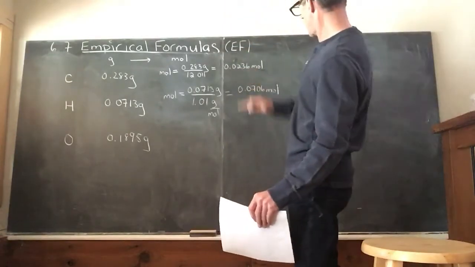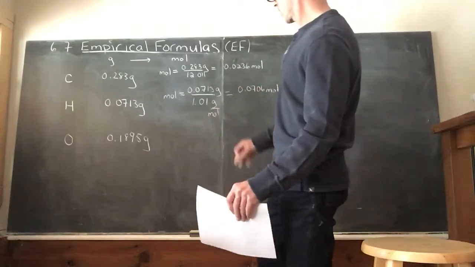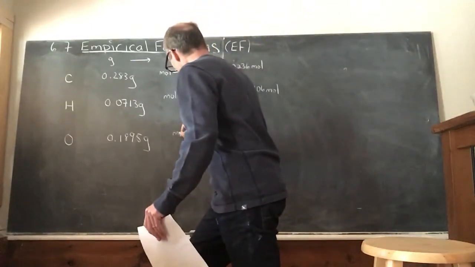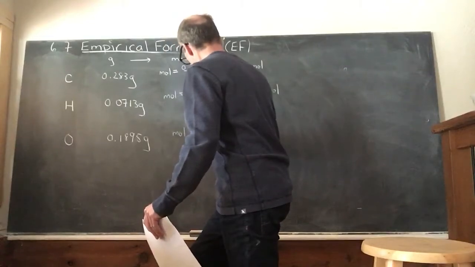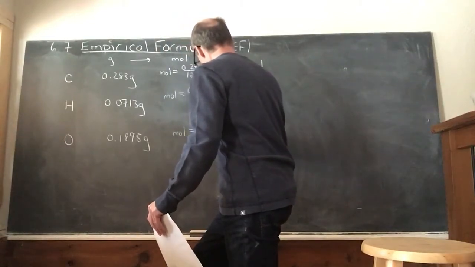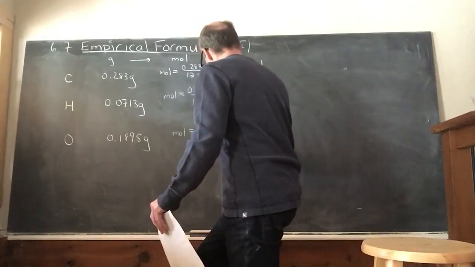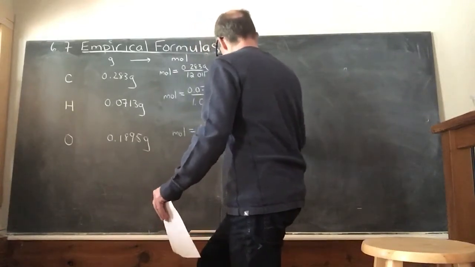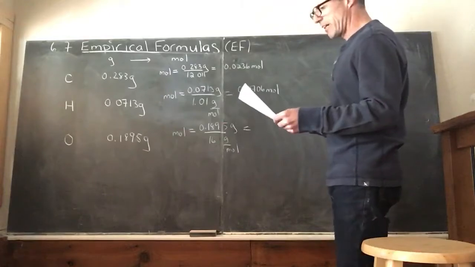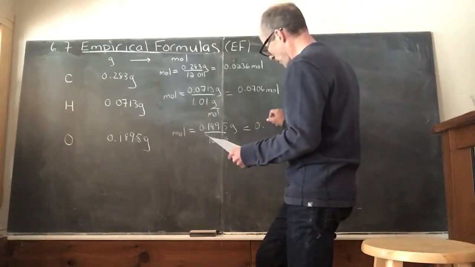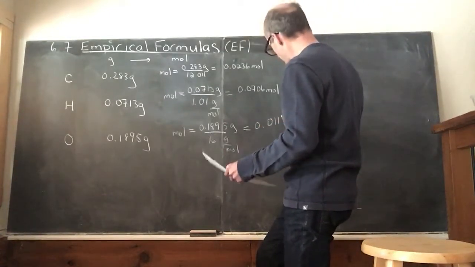That's a lot smaller than that one. Sorry, a lot bigger. If we look at oxygen, we can see that the moles of oxygen will be equal to 0.1895 grams divided by 16 grams per mole. And for the oxygen, that gives us about 0.0118.